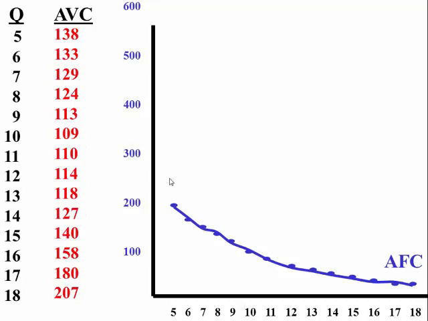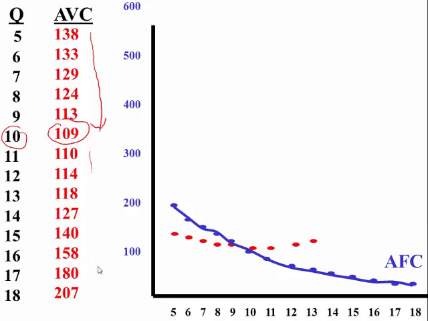Go ahead now and graph the average variable cost. Plot the dots on your sheet of paper. If you did it correctly, and now I've added the 5th and the 6th units, you will notice that the average variable cost starts to go down to this point right here, the 10th unit, and then begins to rise.